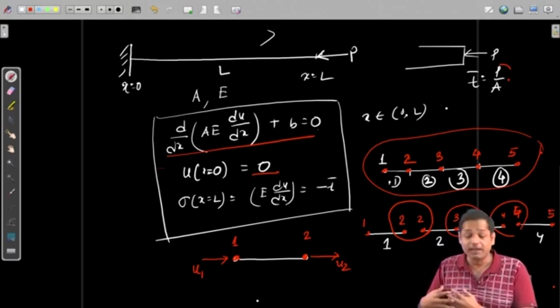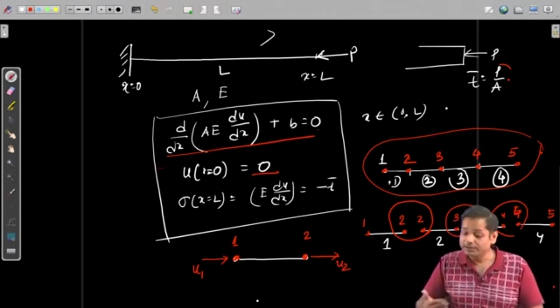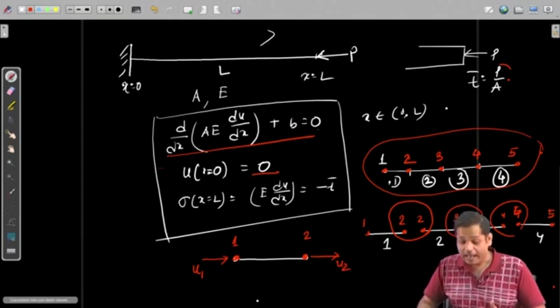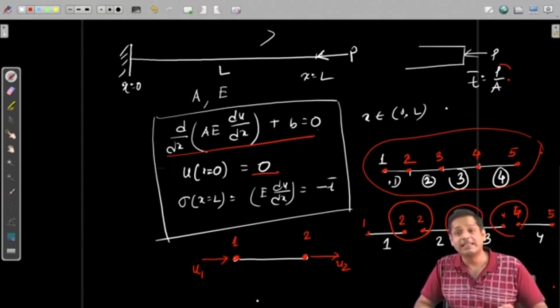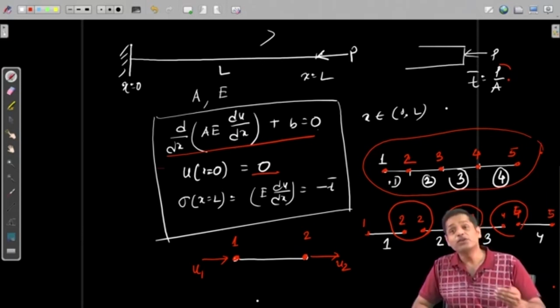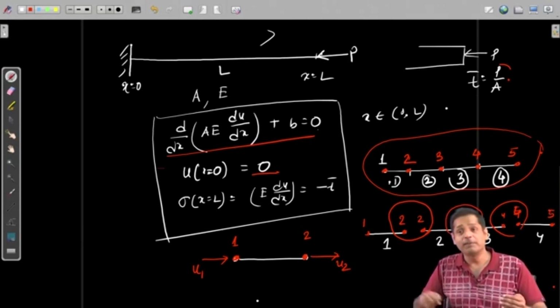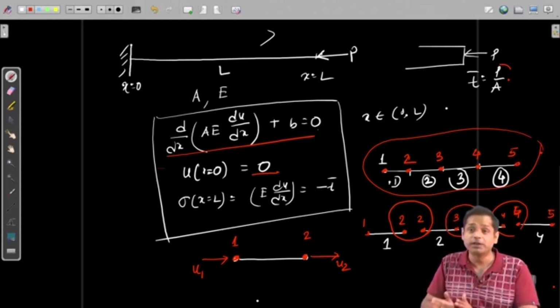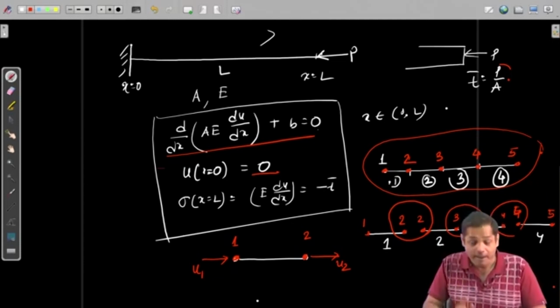And what is that number? That depends on the level of discretization. Now, instead of 5, if we discretize it with 10 elements or 20 elements, my degrees of freedom increases. And if we continuously increase the number of elements, and thus the degrees of freedom, then eventually in the limit sense, what will happen? When our degrees of freedom become infinite, it will be a true representation of the actual system.